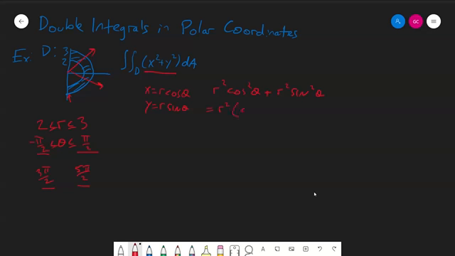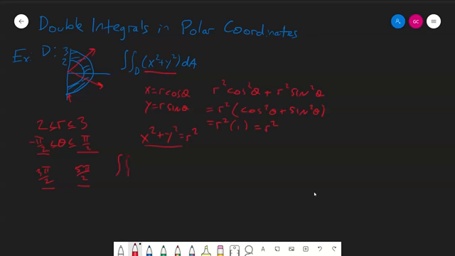They both have an r squared in them, so I can pull that out. And then, oh, right, cosine squared plus sine squared is just 1. So you just get r squared. All of that's true and fine, but you probably would do better to just remember that x squared plus y squared equals r squared. That was one of these polar coordinate equations, and it'll save you a lot of headache to just remember that part.